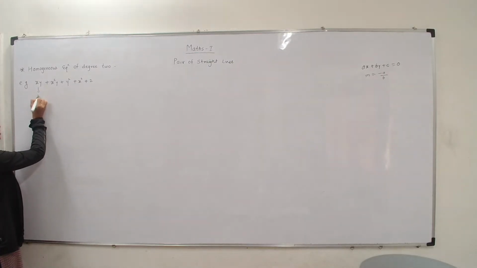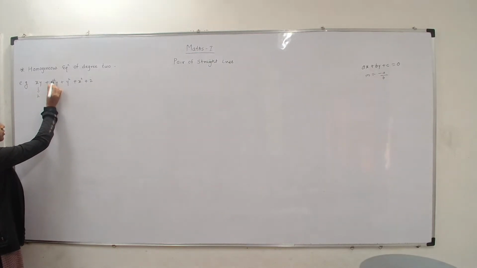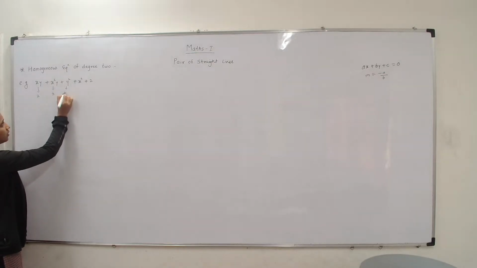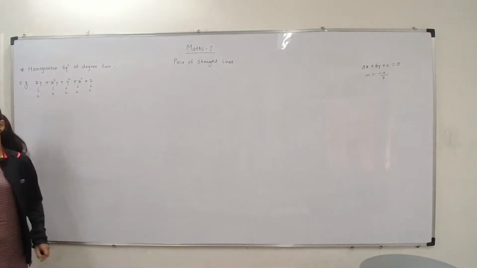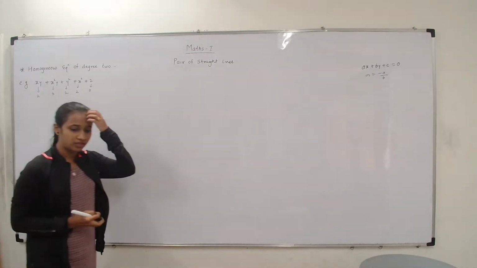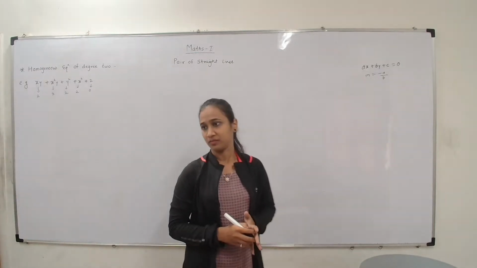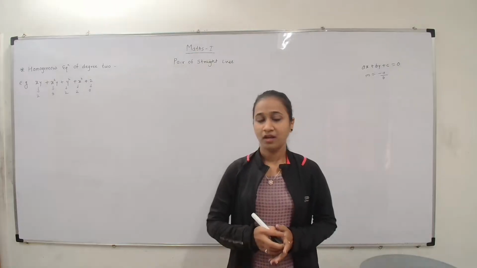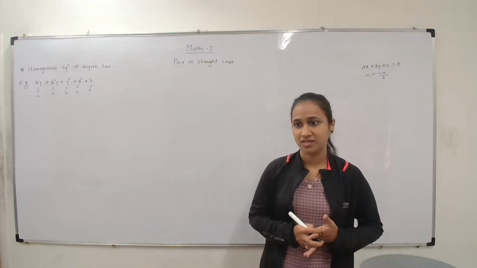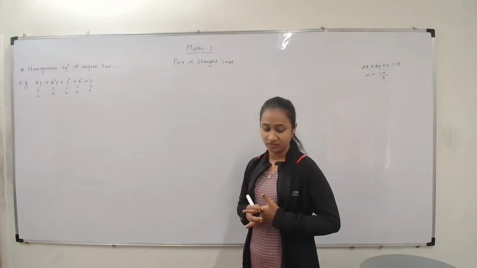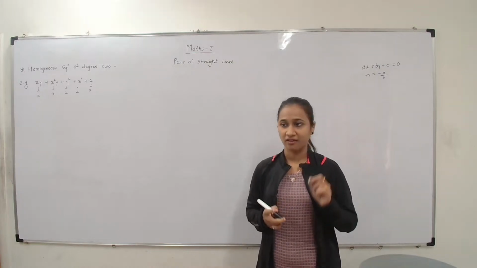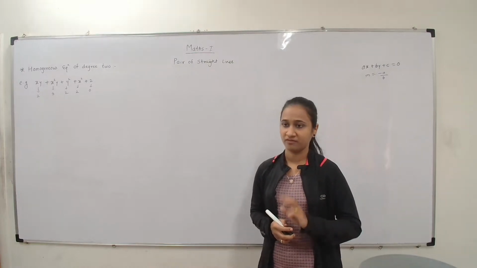So degree of this term is 2. Here the degree will be 2 plus 1, 3. Here 2. Here 2. There is no variable, so here the degree is 0. So in this equation, degree of every term is not the same. Highest degree is 3. Lowest degree is 0 because there is one constant. But we have to see homogeneous equation of degree 2. It means every term in the equation should have degree 2.